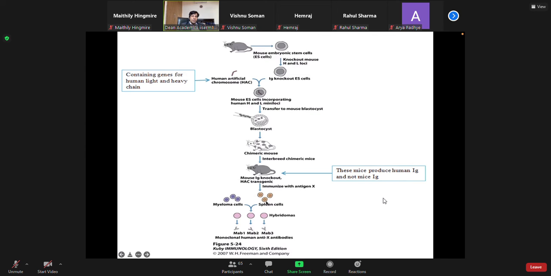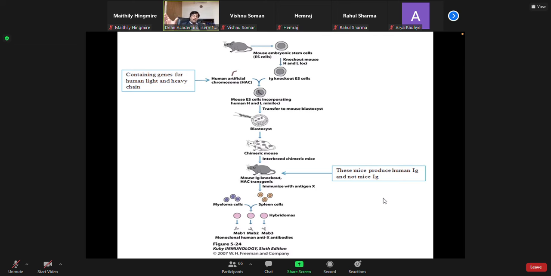You fuse these splenocytes with myeloma cells, and whatever the hybridoma you select, they are going to produce antibodies against this antigen X. This is just to make this subsequent step only in the laboratory condition. So you don't require animals at that stage, right? So this is how you generate human monoclonal antibodies against an antigen 1 using this mouse.